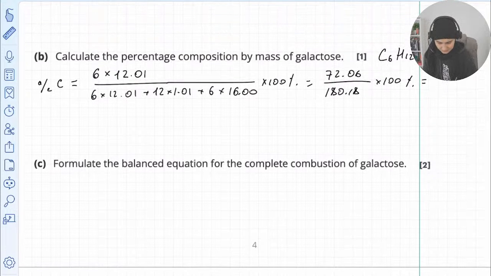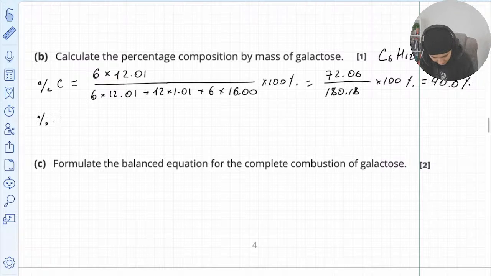So 72.06 over 180.18 times 100 is around 39.9. Oh no, yeah, 39.99, so 40%.